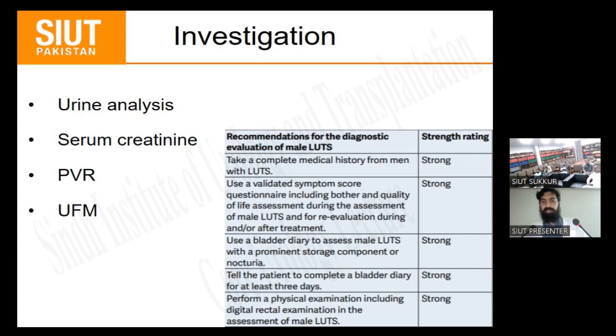Use a bladder diary to assess male LUTs with prominent storage component or nocturia is a strong strength. Tell the patient to complete a bladder diary for at least 3 days is a strong strength. Perform a physical examination, including digital rectal examination, in the assessment of male LUTs is a strong strength.